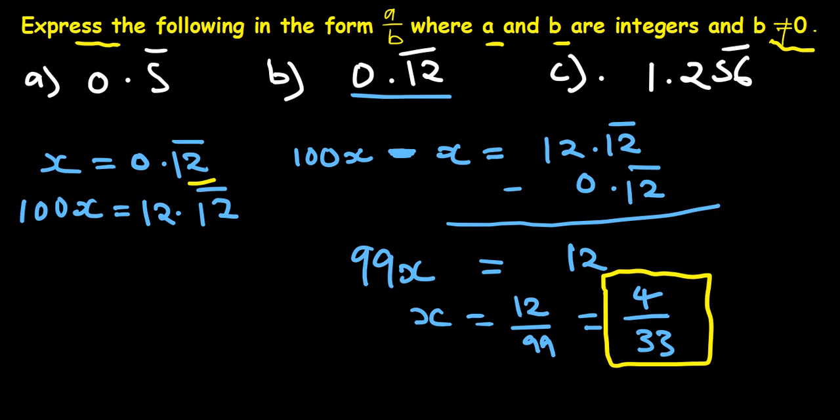So in this case the numbers that are repeating are 1 and 2. Okay, so we are going to move this decimal place 1 2 times. Since we've moved it 1 2 times, it just means that we are multiplying this by 100. So we are subtracting this 100x because it has the repeating part 1 2, and this x because it has the repeating part 1 2.